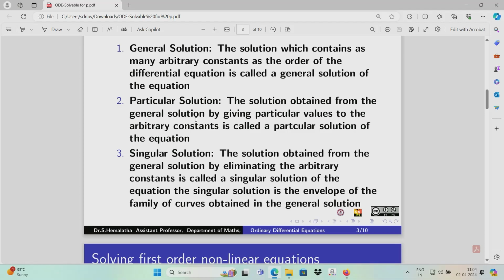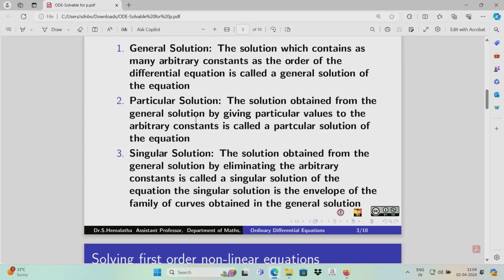When we are not holding any more arbitrary constants and still need a solution, we call it a singular solution, which is an envelope of the family of curves. That is, you put all the solutions together, which forms the envelope of the solution, called the singular solution of the problem.